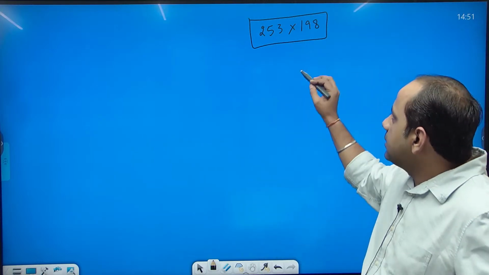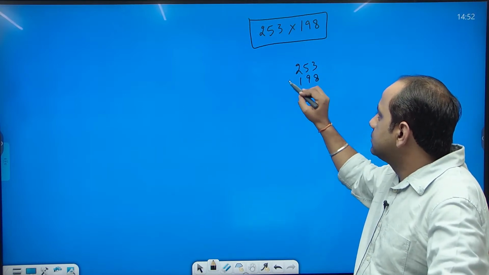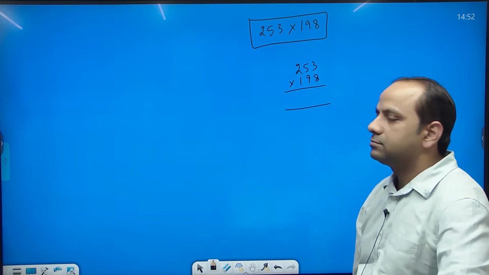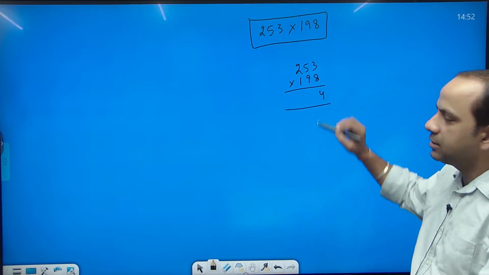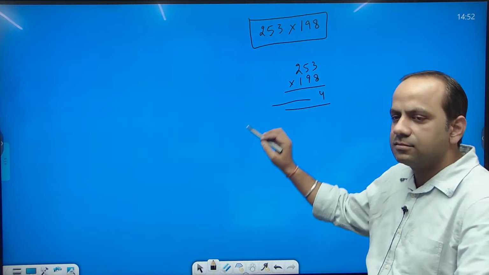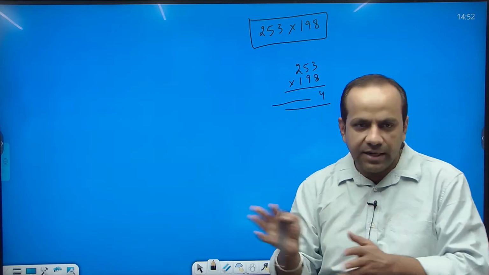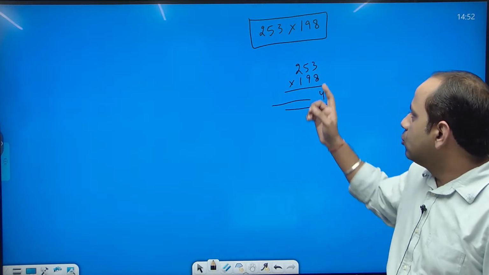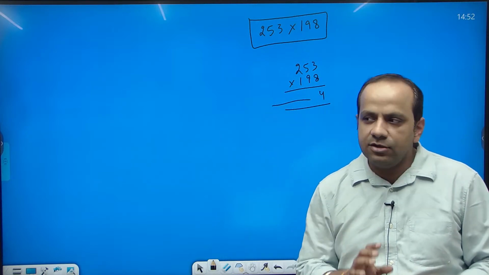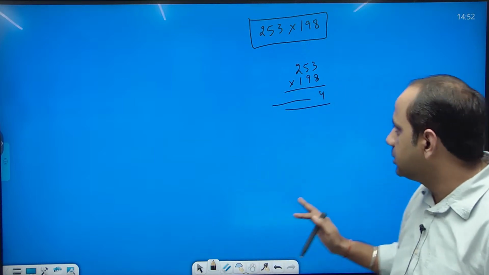So when I multiply these two numbers, 253 and 198, the unit digit will be 4. This is clear? Something will come in the rest of the number, that we need to calculate, but we are not interested in that complete number. We are only interested in the unit digit. So when I multiply 253 and 198, the unit digit is 4. Clear? This is the unit digit.